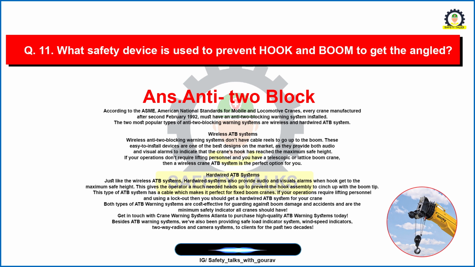This type of anti-two block system has a cable which makes it perfect for fixed boom cranes, and if your operation requires lifting personnel and using a lockout, then you should get a hardwired anti-two block system for your cranes. Okay, apart from that, both types of anti-two block warning systems are cost effective for guarding against boom damage and accidents, and are the minimum safety indicators you should have in all your cranes.